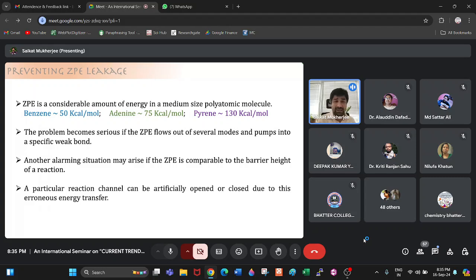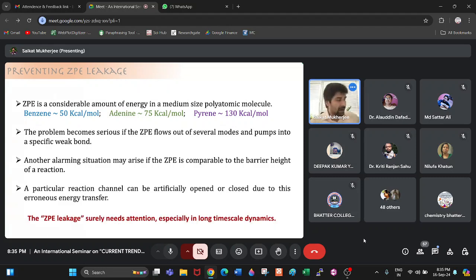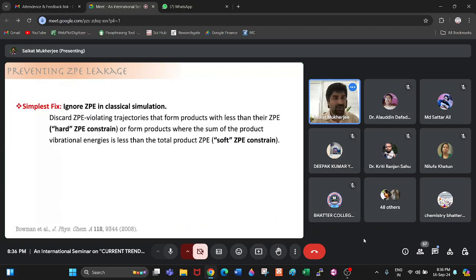So a particular reaction channel can be artificially opened up or closed due to this erroneous energy transfer caused by your zero-point energy leakage. And of course, if you are talking about long time scale dynamics, zero-point energy leakage is severe.